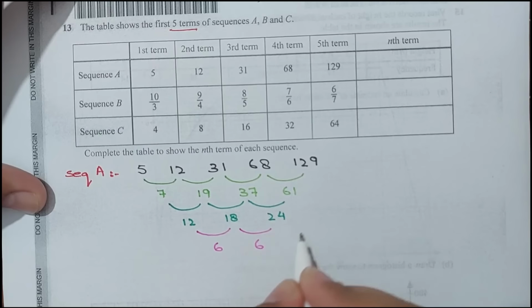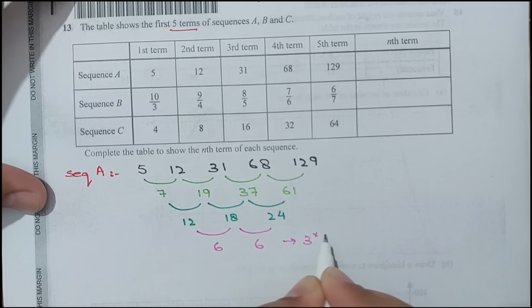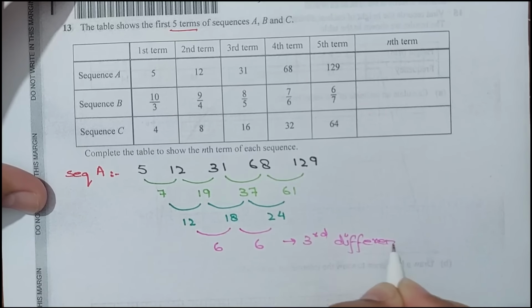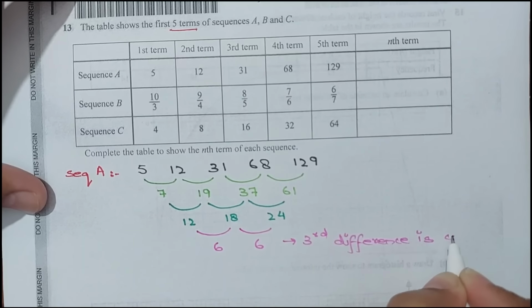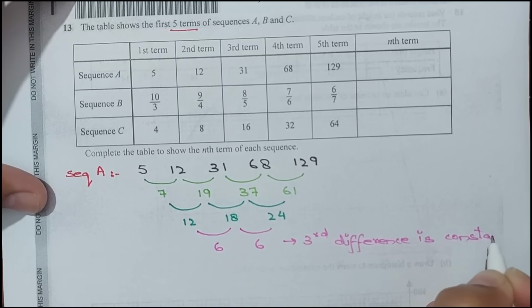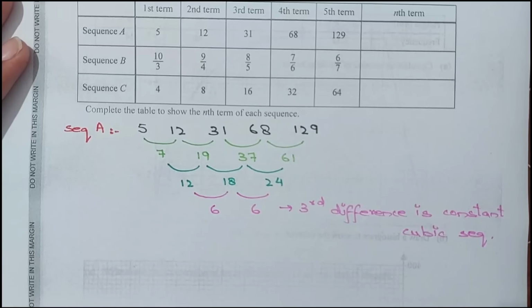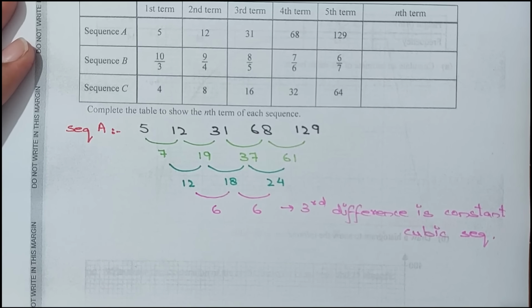So when the third difference is constant, this must be a cubic sequence. Okay, in a cubic sequence, we must have 4 unknowns, right?